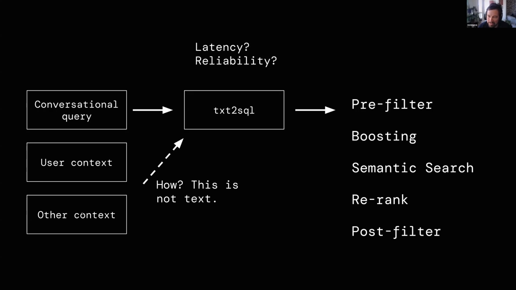And there might be some other context also: is it morning? Is it evening? All kinds of other factors that could lead to your eventual query being different, right? And one interesting thing to note is that this user context and other contextual parameters are often actually not text, right? These might be clicks on some product IDs, let's say.